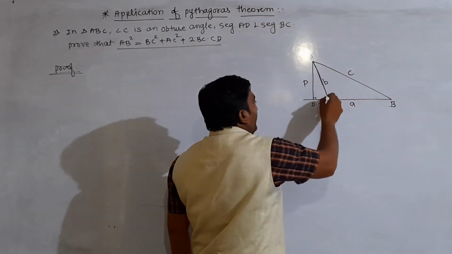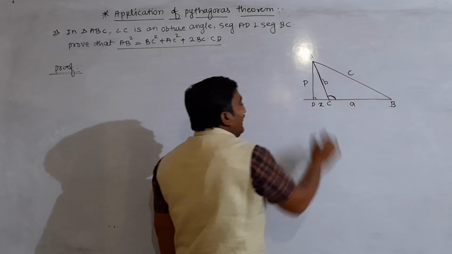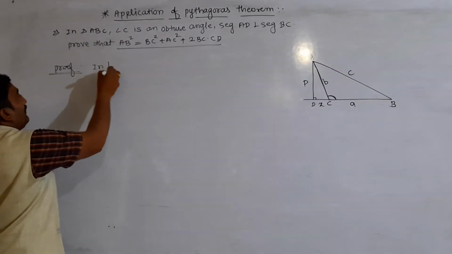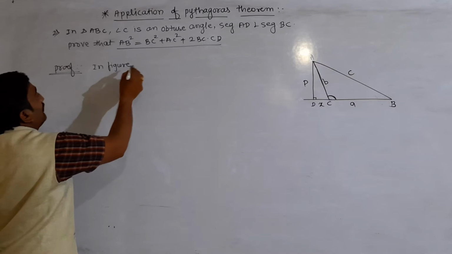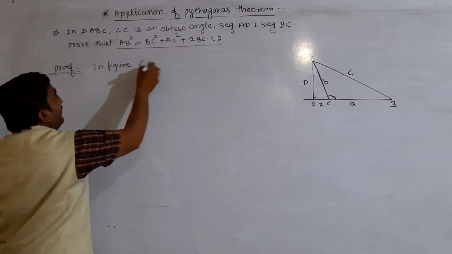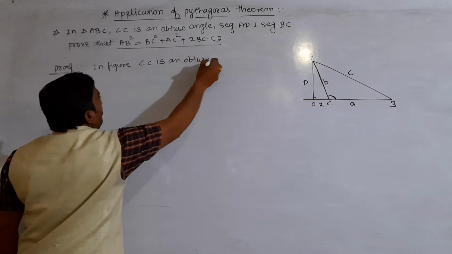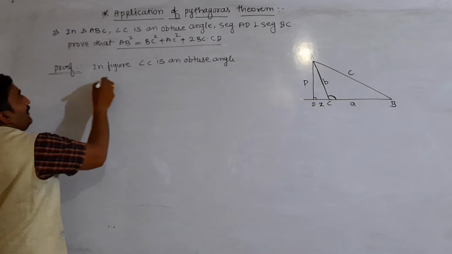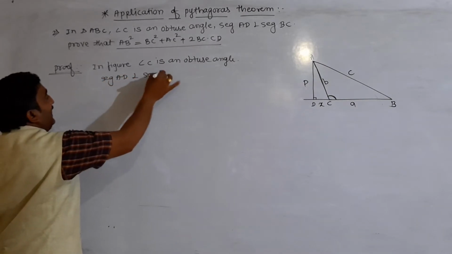Observe the figure. Here angle C is an obtuse angle. This is a perpendicular. In the figure, angle C is an obtuse angle. Segment AD is perpendicular to segment BC.